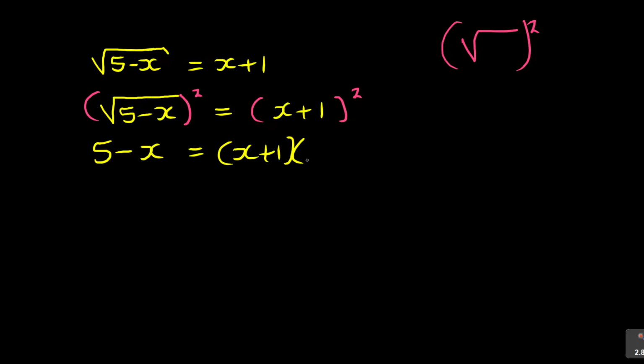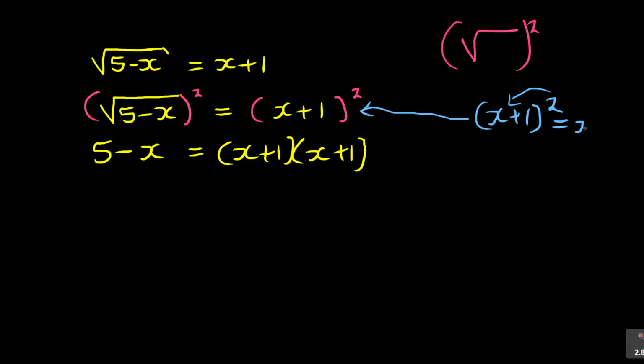Be careful what students usually do here. You know what they do? They will say x plus 1 squared is equal to, then they take the square in, it will be x squared plus 1 squared. Very, very suicidal. Don't do that. Don't be tricked.